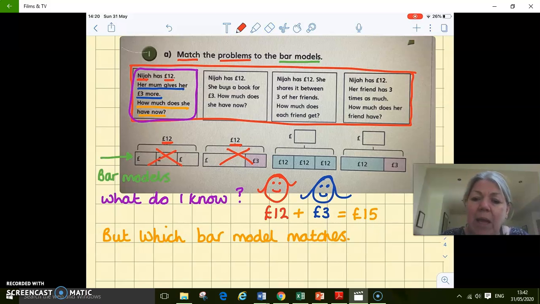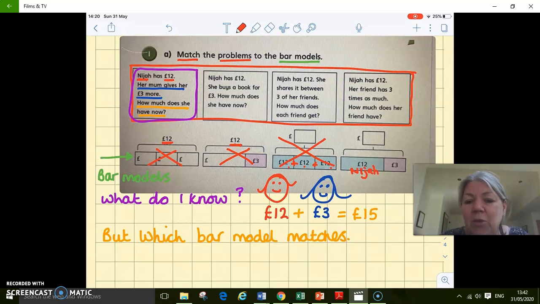But I have got some here that have got 12 in them, so I'm going to have to think about this really carefully. I can see I've got 3 lots of 12 here. But if I added those 3 lots of 12 together, I know using my times table facts that 3 times 12 is bigger than 15. So I'm going to reject that one.